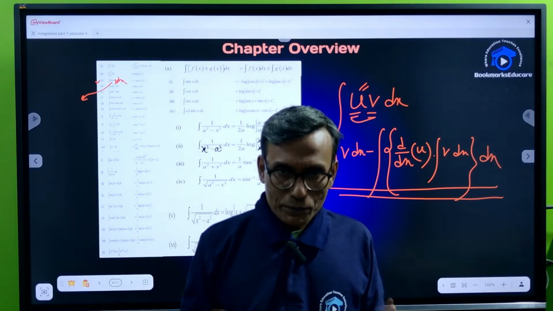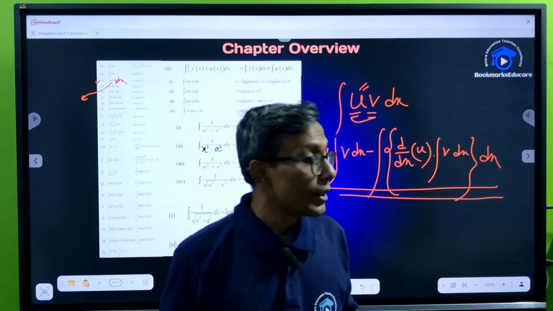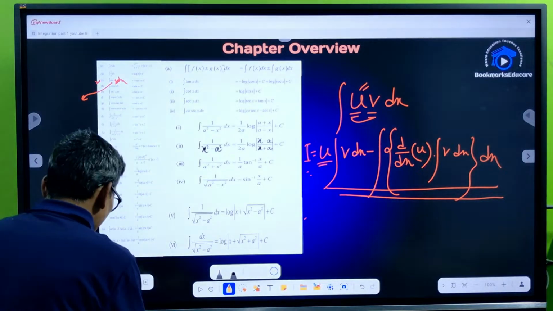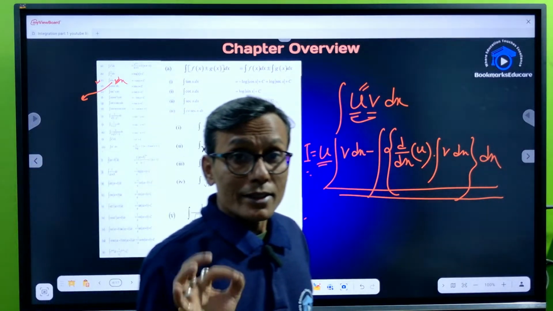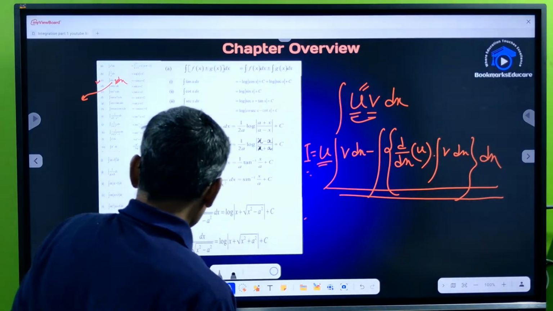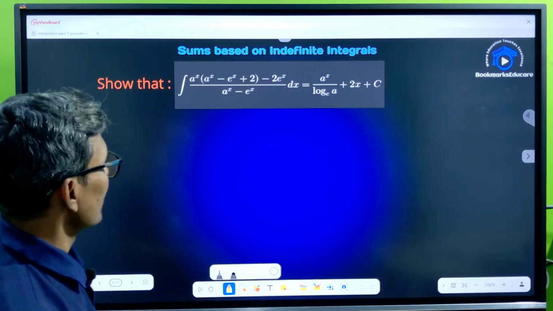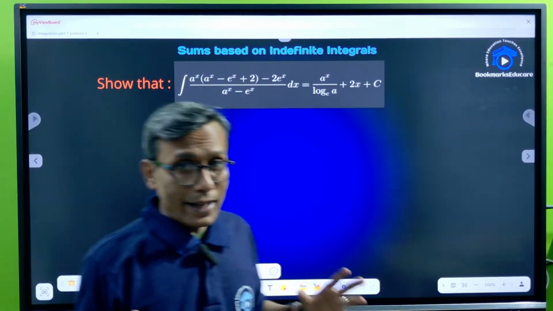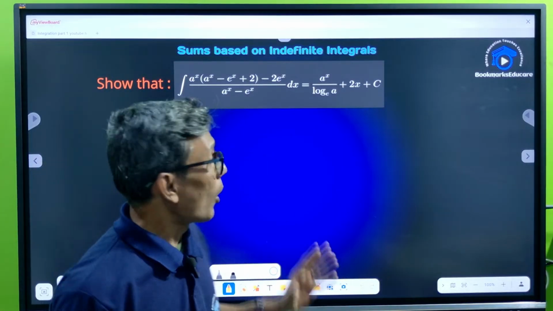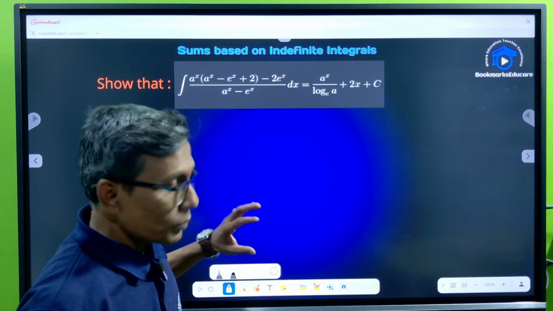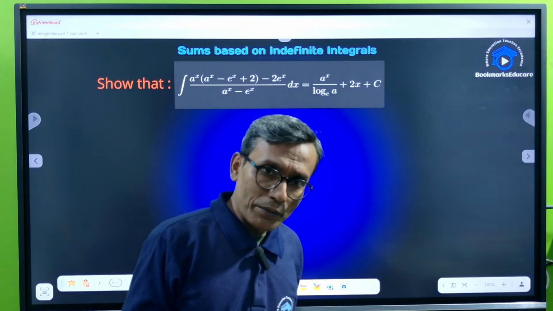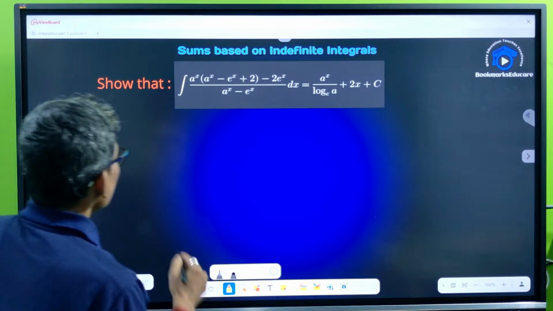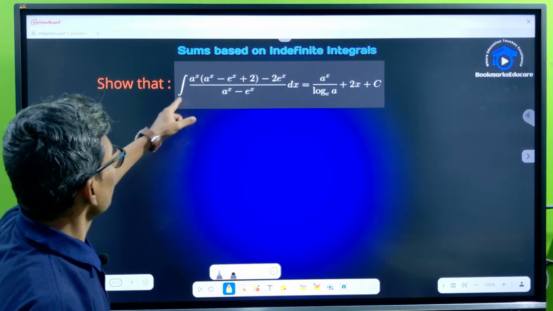Now the method of substitution and the method of by parts are discussed. Okay, so now we are going to the specific few sums. We have arranged a total of 10 sums on integration, mingled up with the method of substitution and the method of by parts. So the first sum is the integration of this.